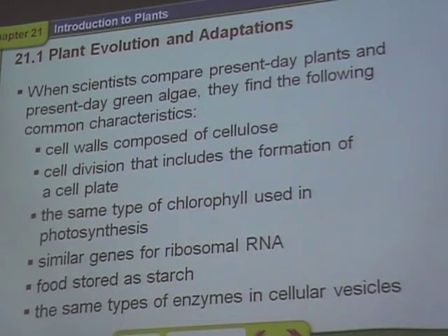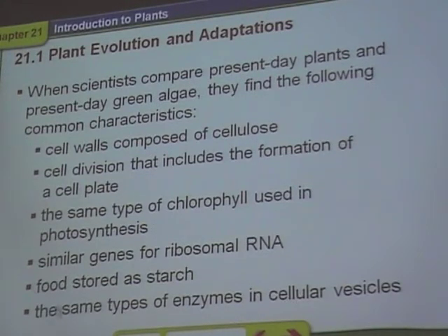And some of it would wash on land and would die. But some of it evolved the ability to survive on land for short periods of time. And so we have reason to believe that present-day plants and algae share a common ancestor.